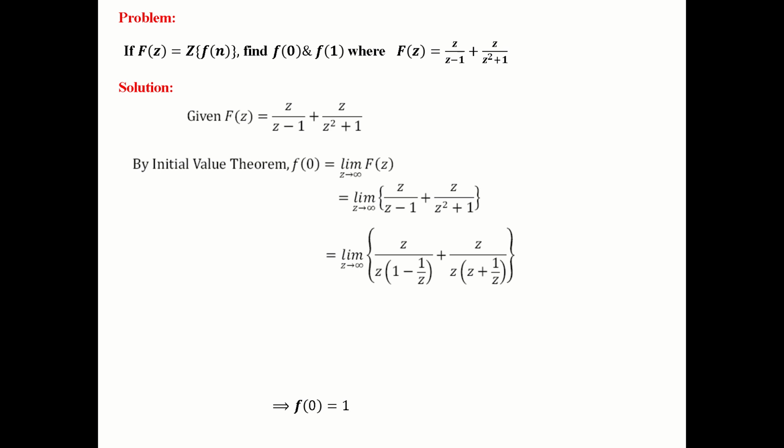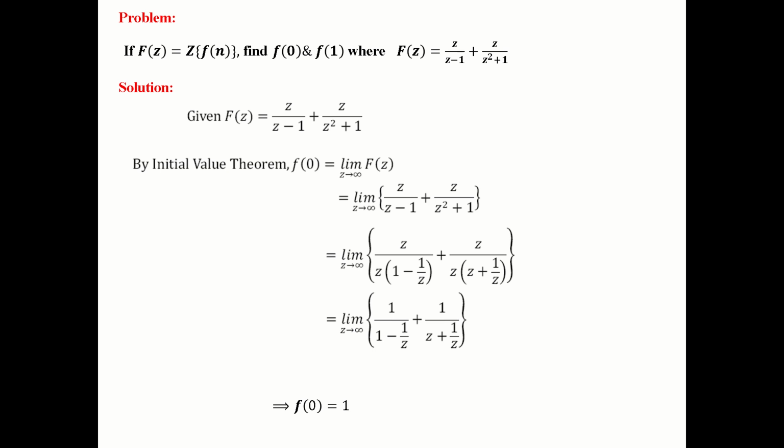Then for the second term, taking z outside, you will get z into z plus 1 by z. So limit z tends to infinity, you can cancel z, numerator z and denominator z, you will get 1 by 1 minus 1 by z.